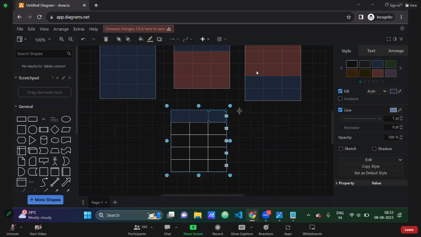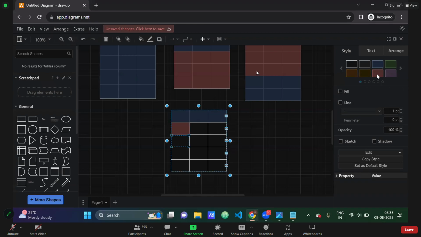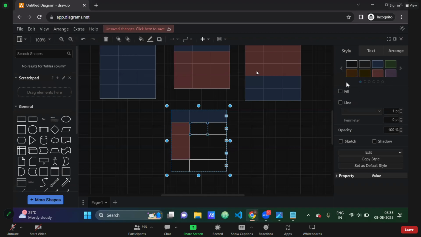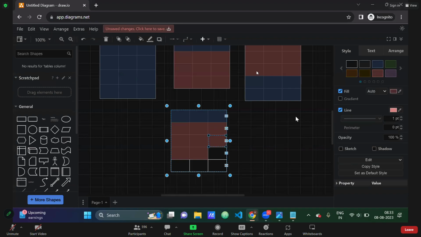One horizontal, 3 vertical, and 1 horizontal.